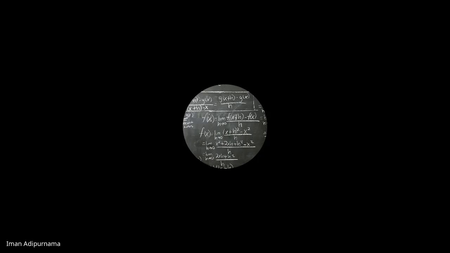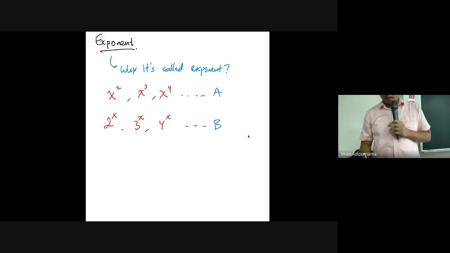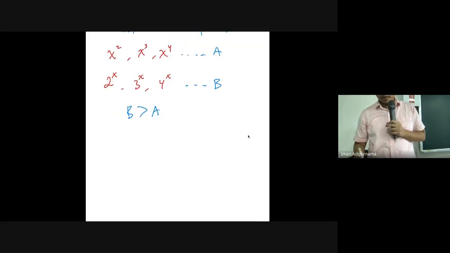I think that's enough. So clearly the B is greater than A. So exponent means it's multiplying by itself.